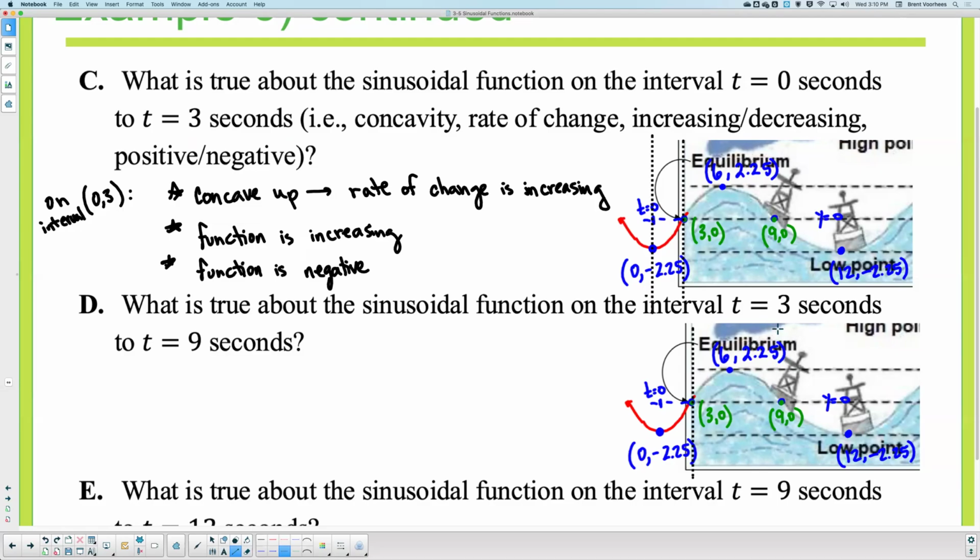And if I look between 3 and 9, it looks like concave down. The function is increasing and then decreasing. Concave down, by the way, that means the rate of change is decreasing.